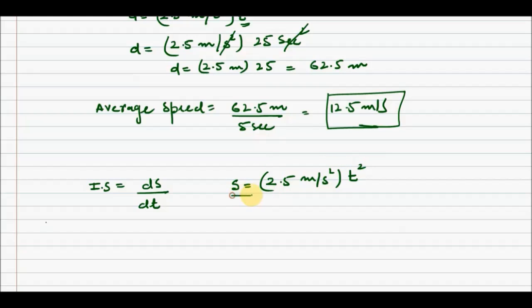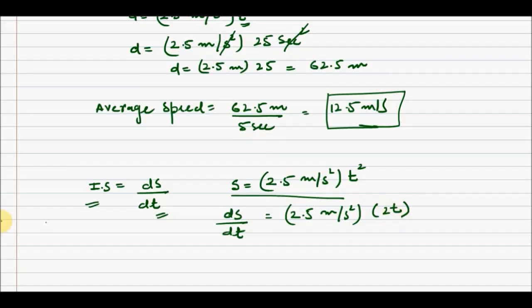So if I differentiate this equation with respect to t, I'll get my instantaneous speed, right? So differentiating this with respect to t, I'll get ds over dt, and that would come out to be 2.5 meters per second square into 2t, right?